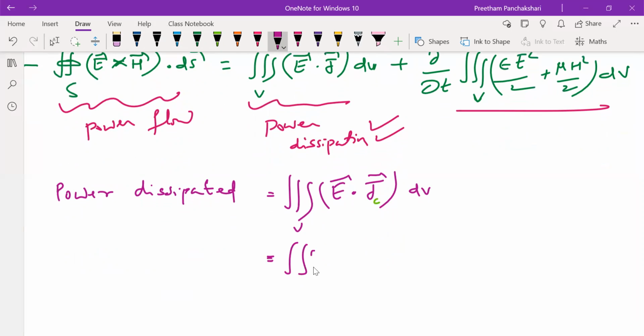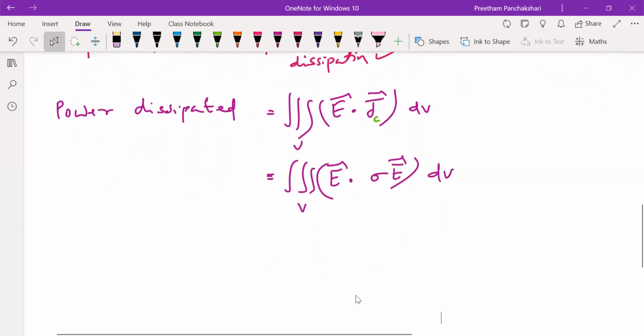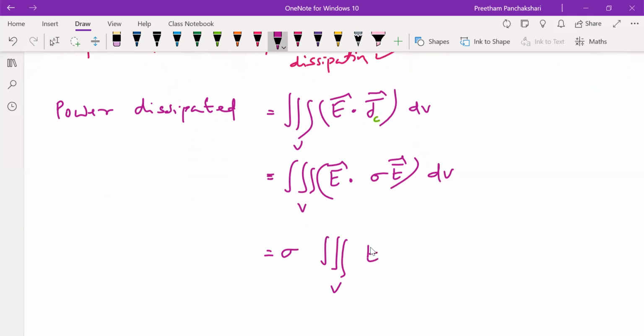J is not given, but J can be found from Ohm's law in point form. J is equal to sigma E, the point form of Ohm's law. So now everything is converted to electric field E. Sigma is a constant for this volume integration. E dot E is E modulus square. So we need only the electric field intensity, multiplied by volume.